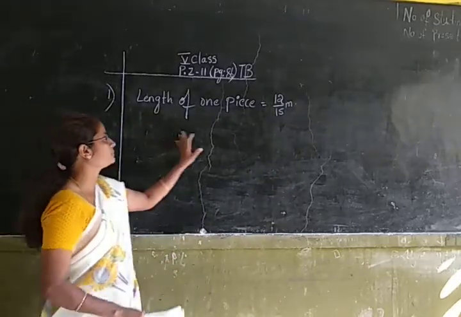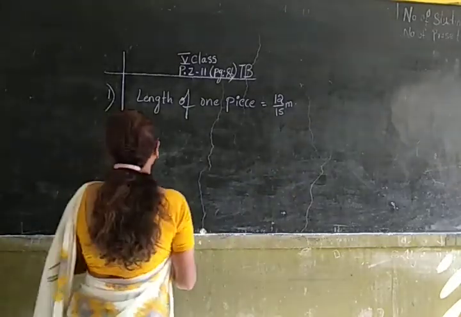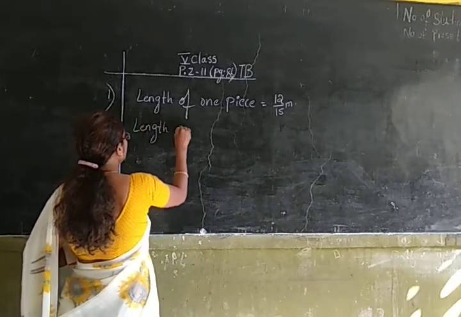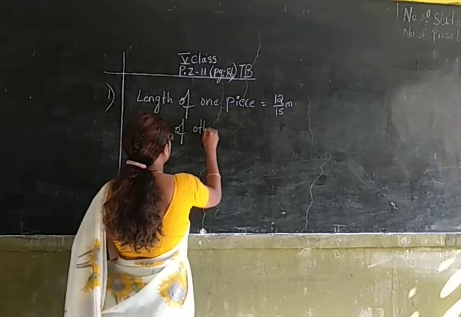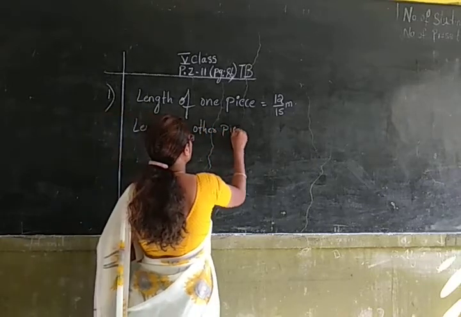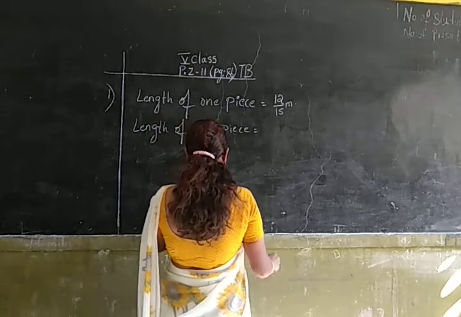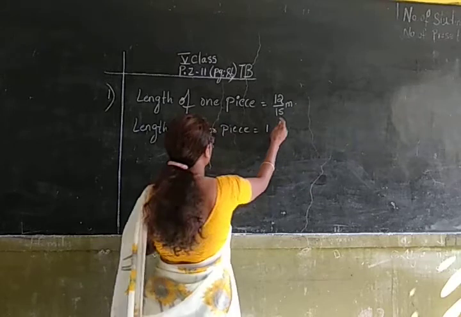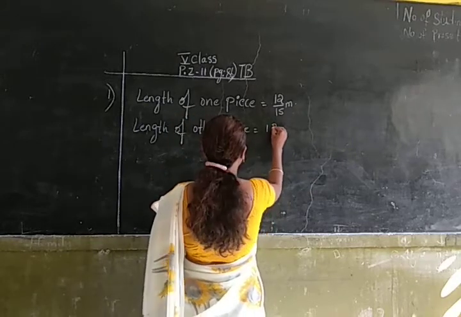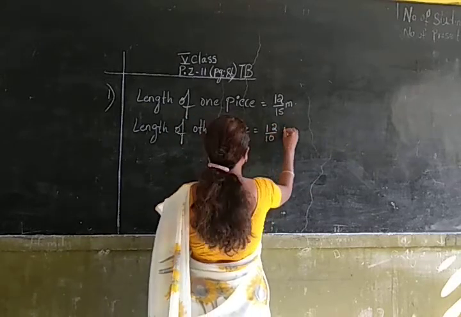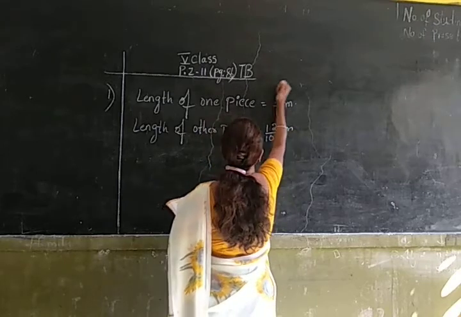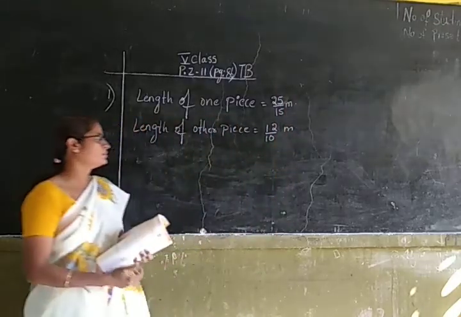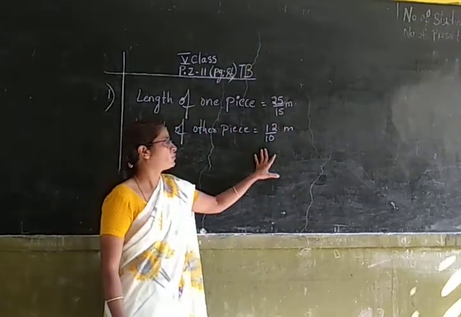Length of the other piece is 12 by 10 meters. First one is 25 by 15 meters and the second one is 12 by 10 meters.